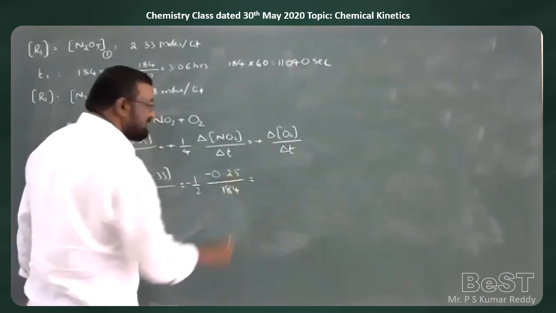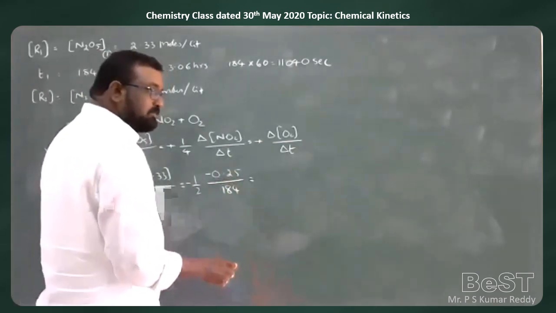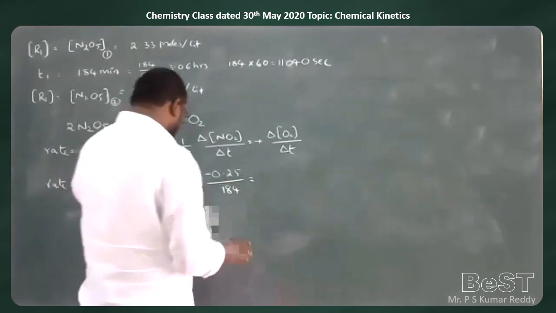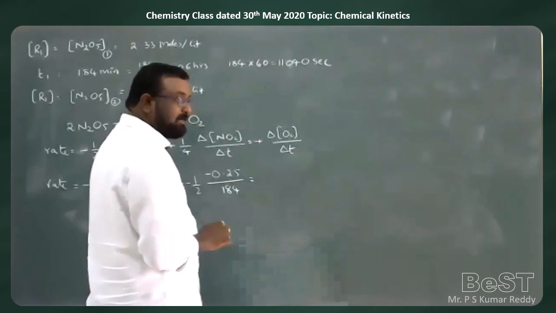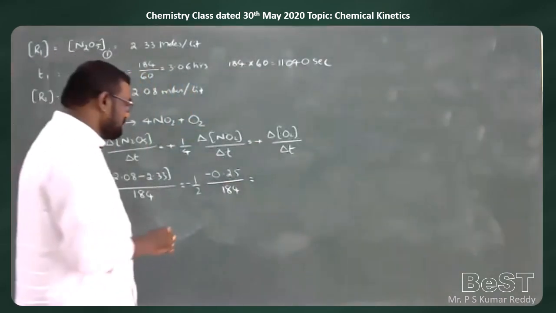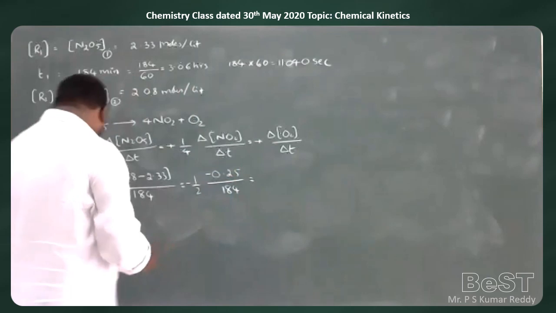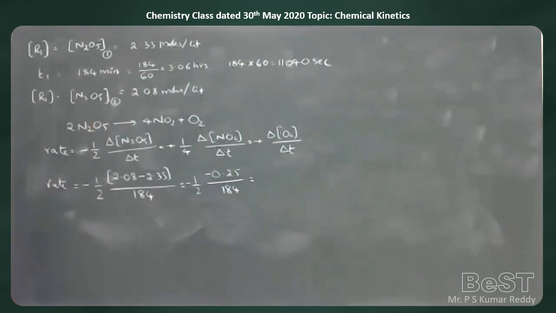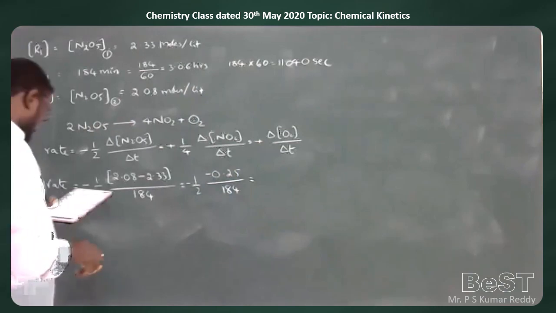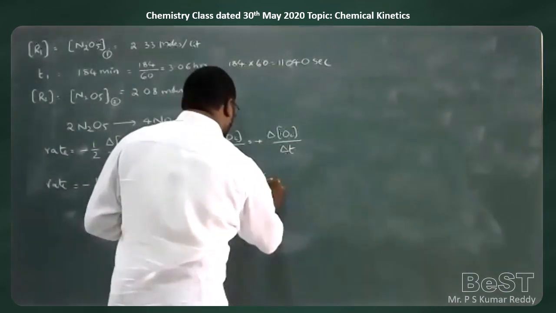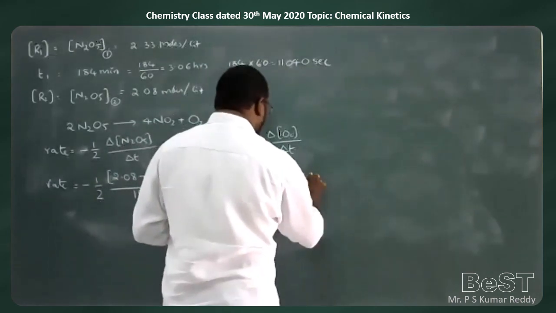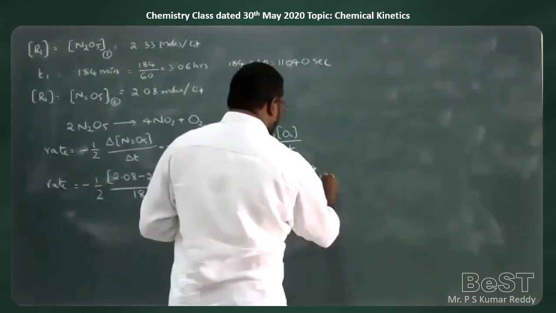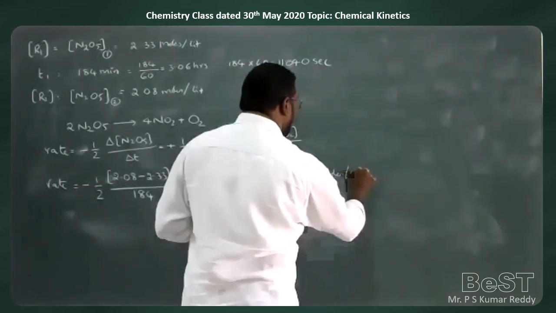If you simplify this, you'll get 6.79 into 10 to the power of minus 4 moles per liter per minute.